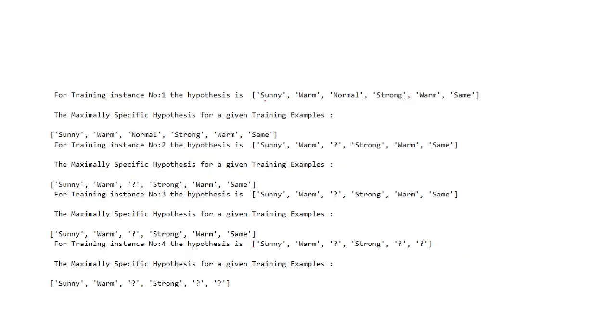This is the first row, a positive example. In the second case, again the second is a positive example. The third parameter is different. It is normal. The third parameter is different, so replace it by a question mark. Whenever there is a change, you replace it by a question mark.